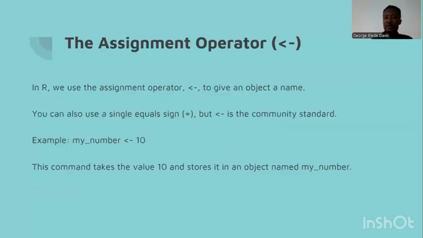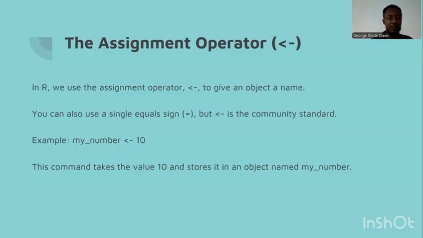The assignment operator. In R, we use the assignment operator, or the syntax, less than, hyphen, or less than minus, to give names to objects. You can use the equal sign, the single equal sign, but the conventional way, or the standard practice, is using a less than and minus.